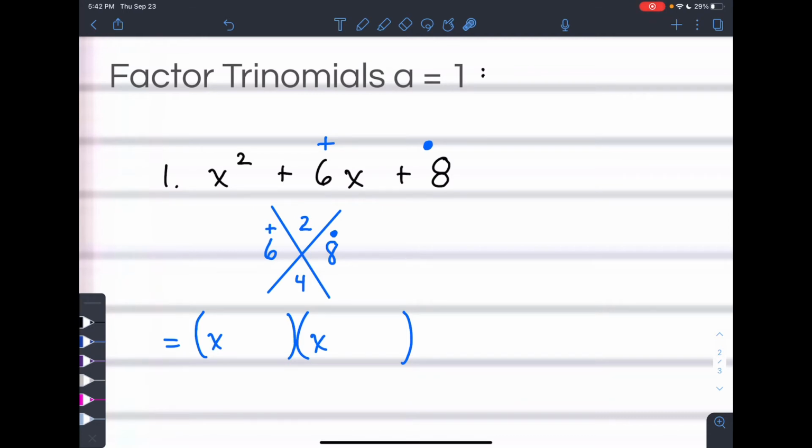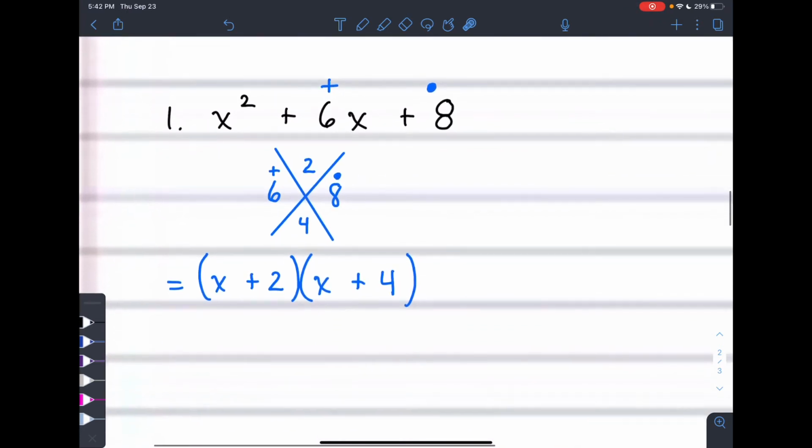I chose 2 and 4 because not only do they multiply to 8, but they also add up to 6. So let's try this out. Okay, plus 2 and plus 4 because it's going to multiply to positive 8 and add up to positive 6. Okay, so this is sort of our guesswork, okay? But we do want to check it, all right?